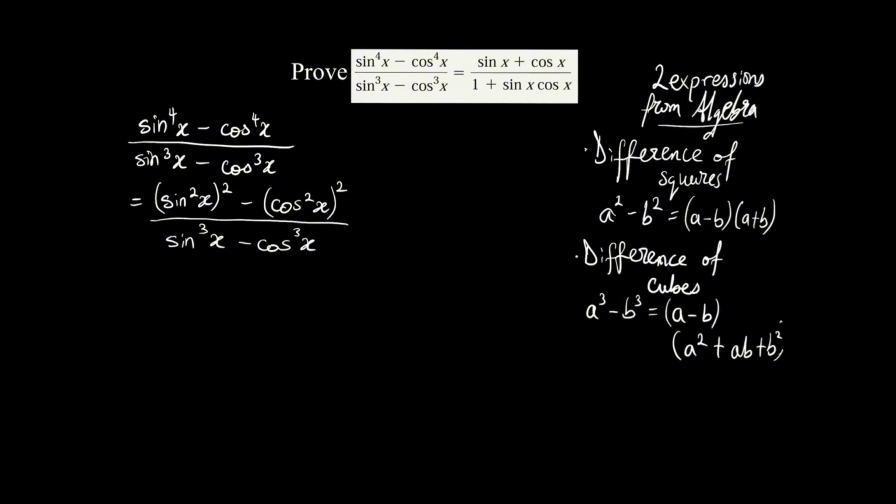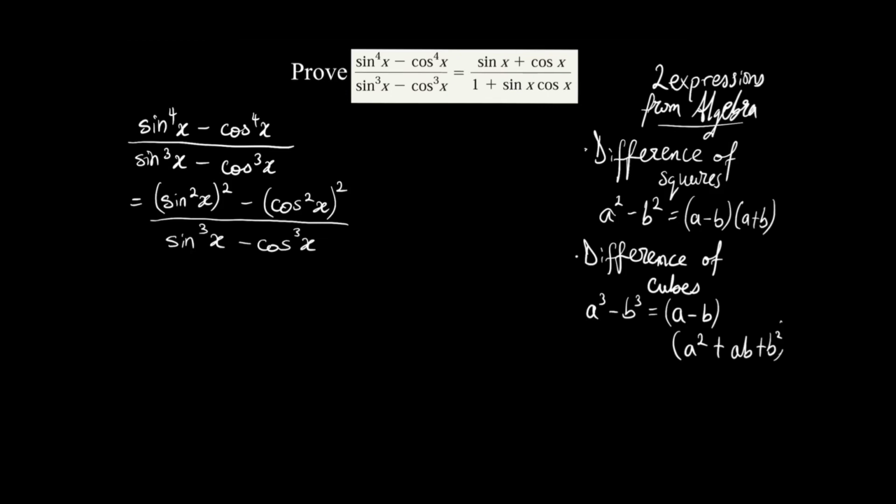Now we've been able to simplify the numerator into what is called a difference of squares. Originally, it was a difference of quartics, but we can simplify that to a difference of squares. And now we have the numerator in terms of a squared minus b squared over here.